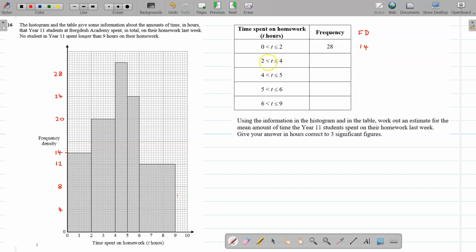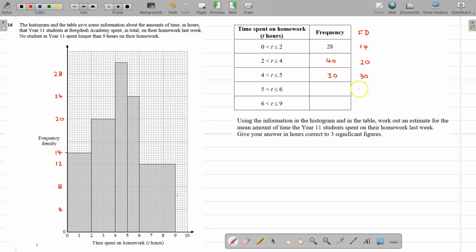Now for the second bar, I can see that that goes up to 20. So it's got a frequency density of 20. 20 times 2, because that's 2 wide as well, that's 40. Okay. The next one, the third one, is 30. And it's a width of 1, so 1 times 30 is 30.